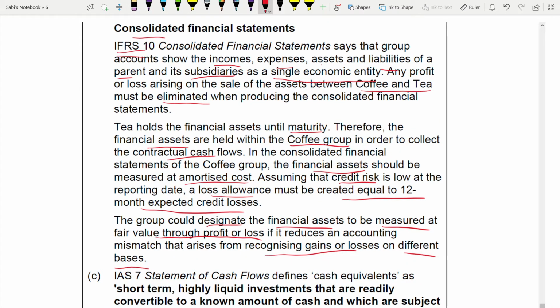If it's in the same place, there will not be an accounting mismatch. Because of that logic, you can say, okay, let's designate fair value through profit and loss, right? So in this condition, yes, the group can do this. Even if it's at amortized cost, they can say we'll measure the financial asset at fair value through profit and loss.